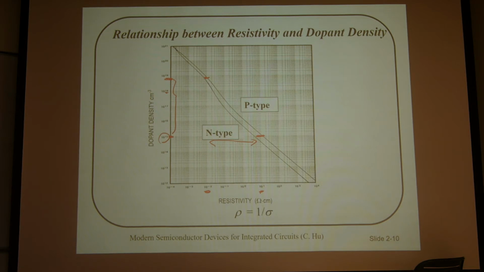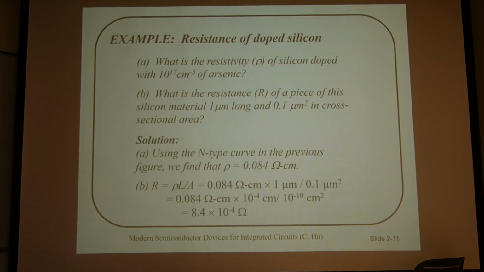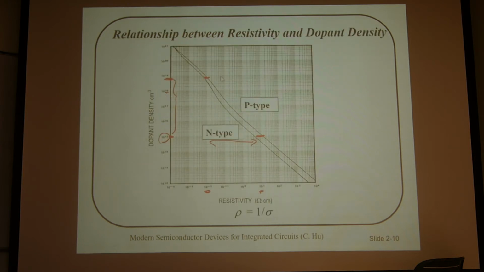Okay. So then here, this is a simple example to determine the resistance of the doped silicon. So here the question is, what is the resistivity of the silicon with this kind of doping density, 10 to the power 17 for the arsenic? And here you know arsenic is N-type doping. So what we can do here is to use the previous chart.